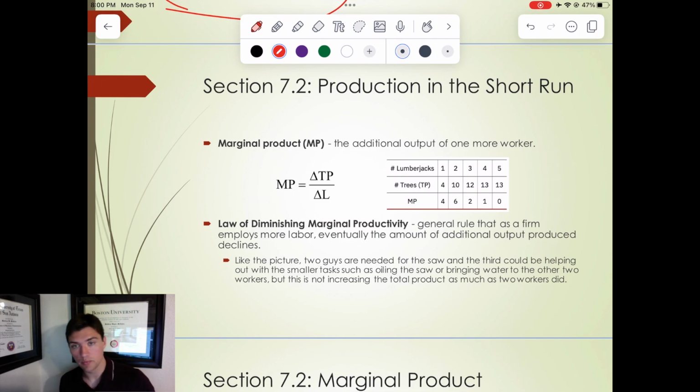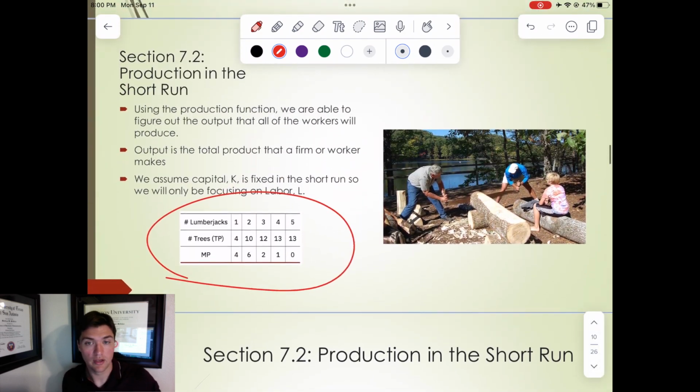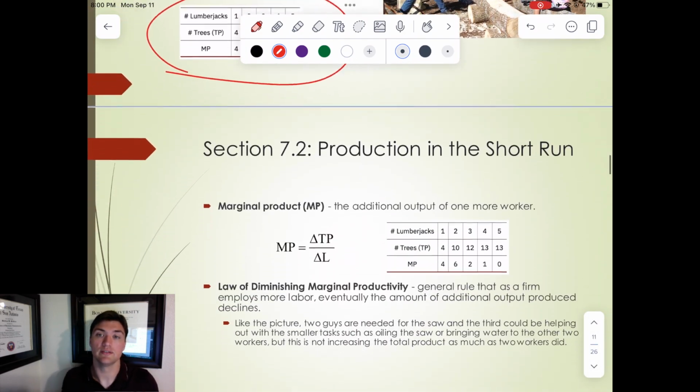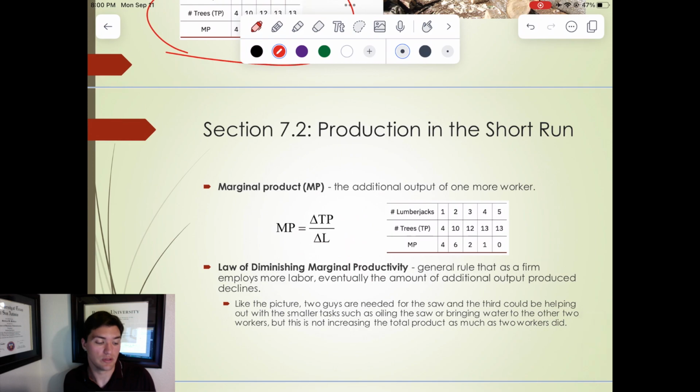So if we had one lumberjack, then we have 4. Imagine trying to do everything yourself. You're not going to be able to chop down many trees because you're trying to use the saw all by yourself, so it's going to take you all day. But if you had 2 people, just like we saw in the picture where there was one on each side, we can now increase the amount of production and get it up to 10.